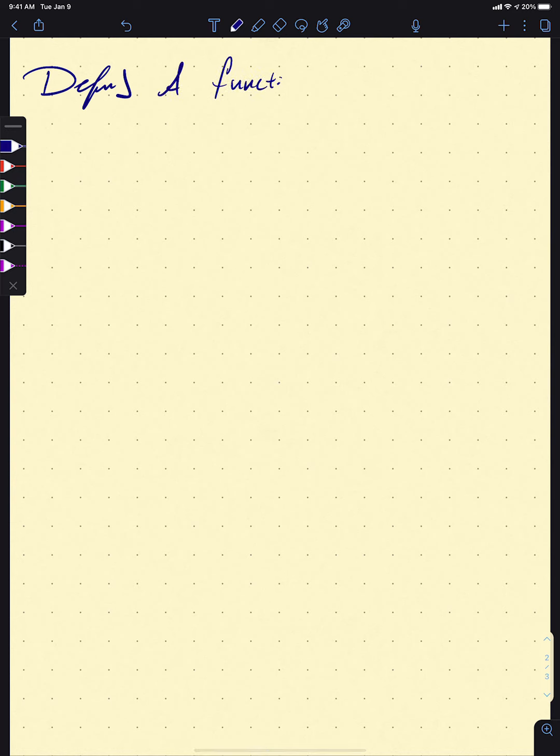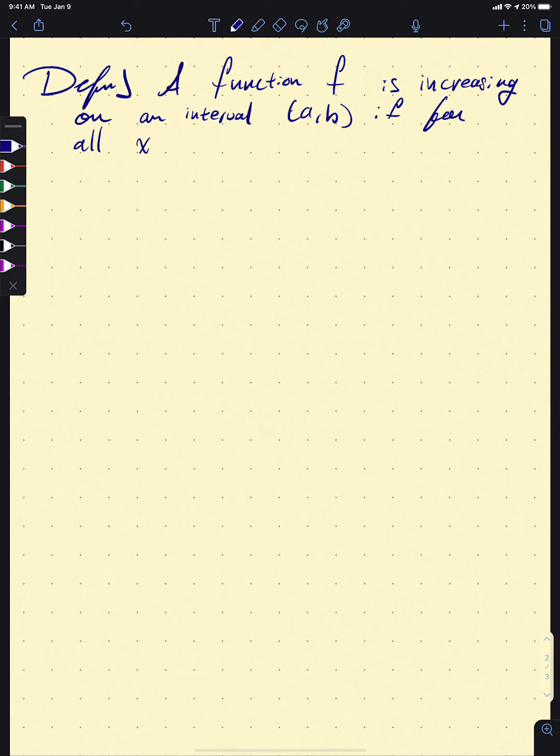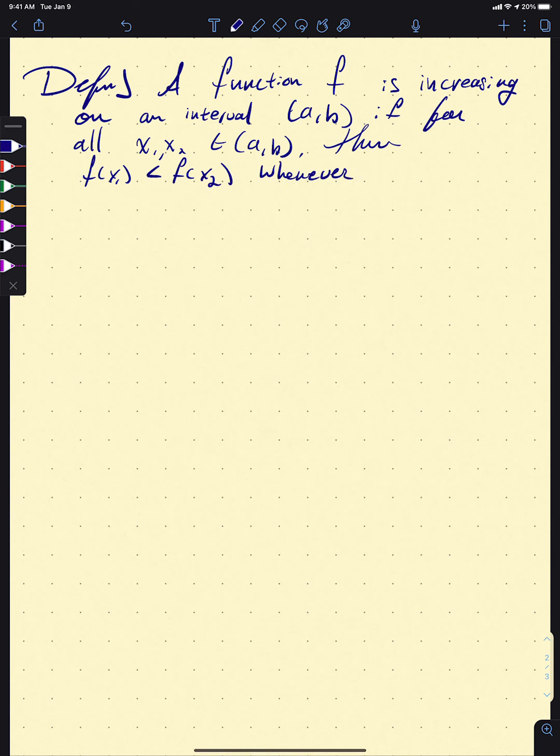So we can take a function f. We say that it's increasing on an interval AB if for all x1 and x2 in AB, so if I pick any two elements of this interval, well, then f of x1 is less than f of x2 whenever x1 is less than x2, right?